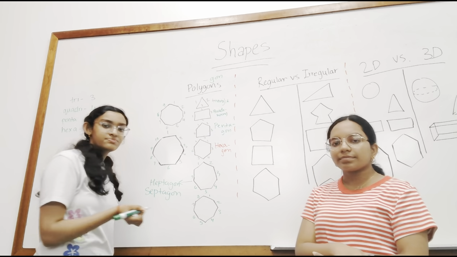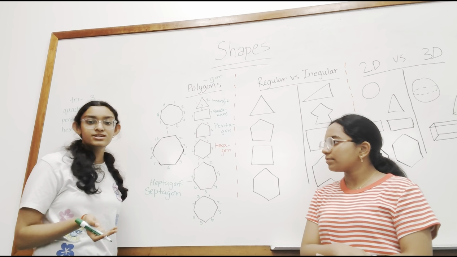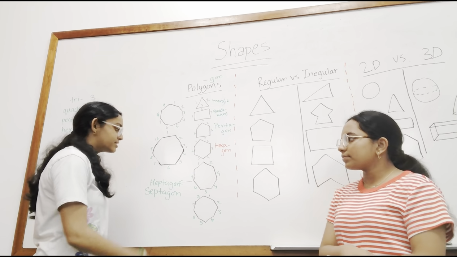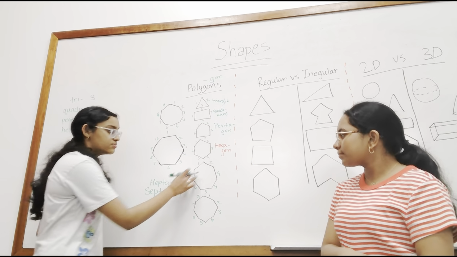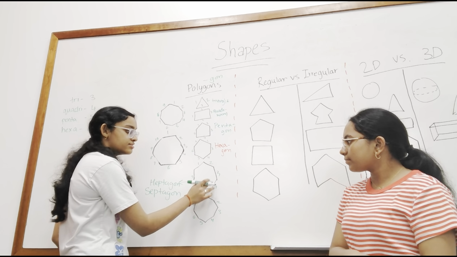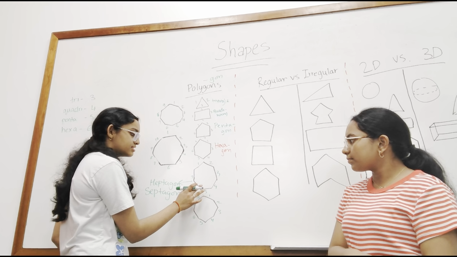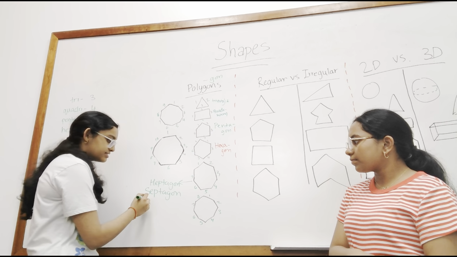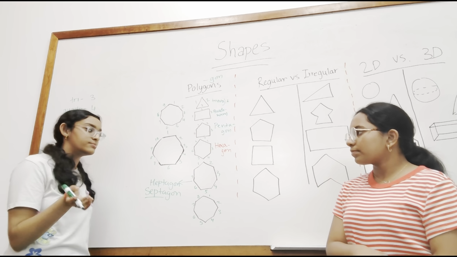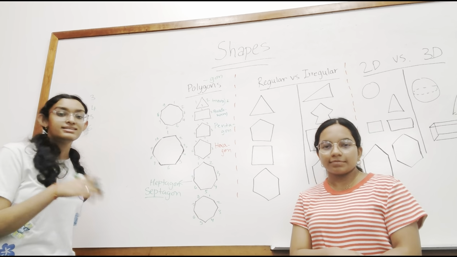A lot of people prefer heptagons, but some prefer septa. So it depends on what you guys prefer. And it has 7 sides. 1, 2, 3, 4, 5, 6, and 7. And septa might be easier to remember because it's 7 and septa, the 2 S's.